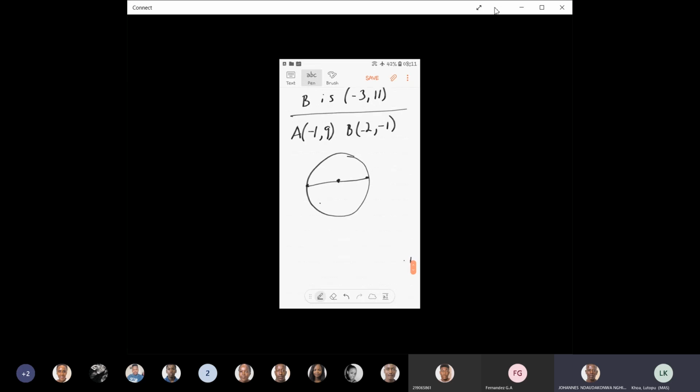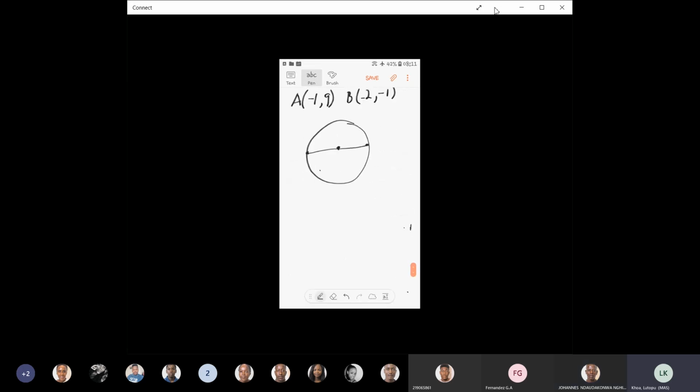Now here you should realize that the center is the midpoint of the diameter. So we just use the diameter. So here I'll just put A and B and then C. So here C is the midpoint.